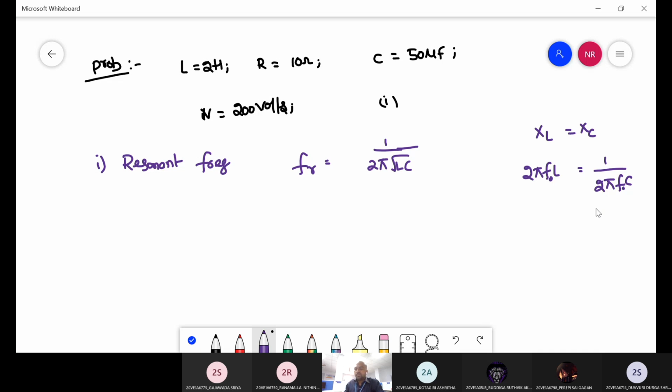From 2 pi FL equal to 1 by 2 pi FC, with both frequencies being FR, we get the equation FR is equal to 1 by 2 pi under root of LC. Right? Then calculating: 1 by 2 into pi into under root of L is equal to 2, C is equal to 50 into 10 to the power minus 6.